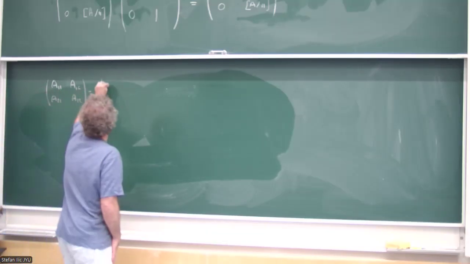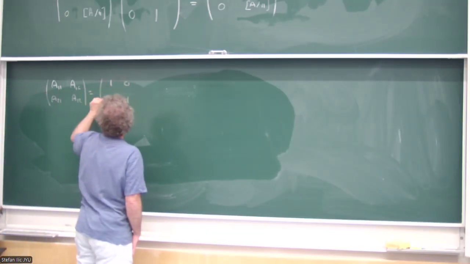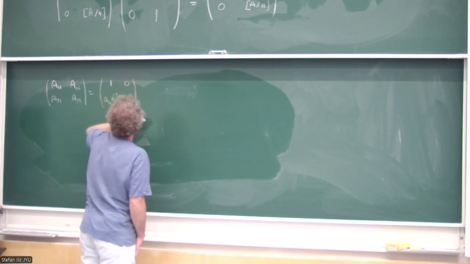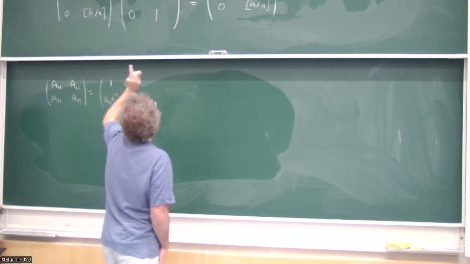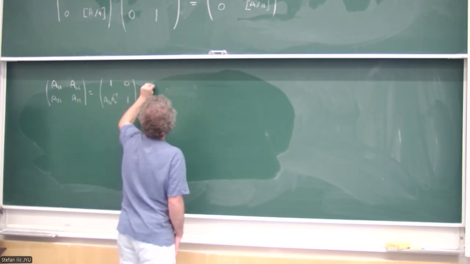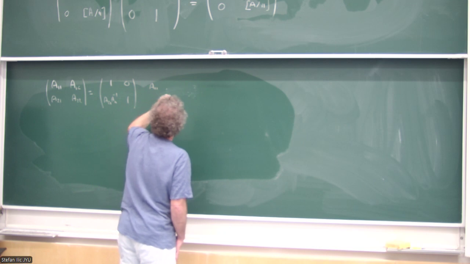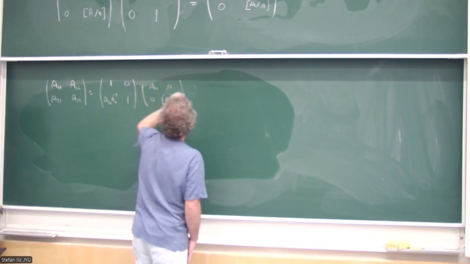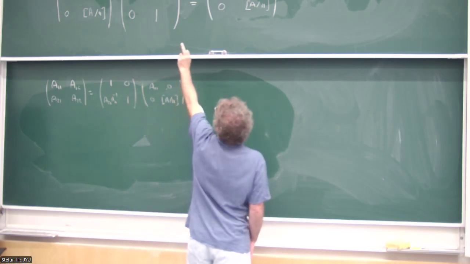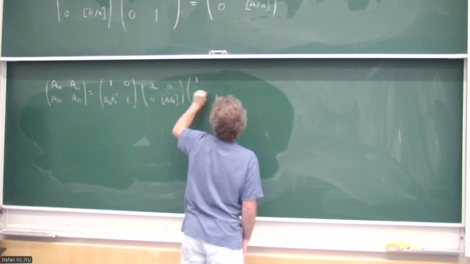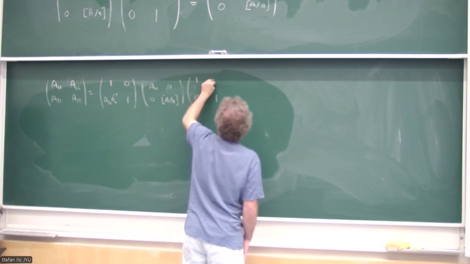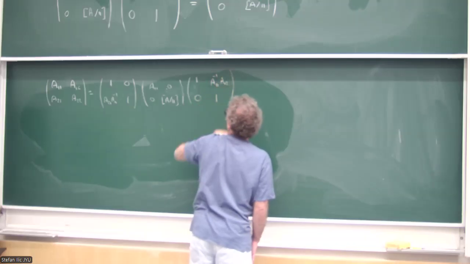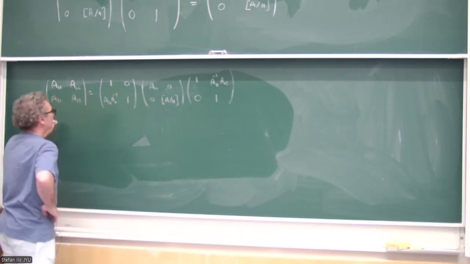So it's equal to 1, 0, A21 A11 inverse, 1, then the diagonal part, A11 and the Schur complement, and then this last one, its inverse again is just removing the minus sign.